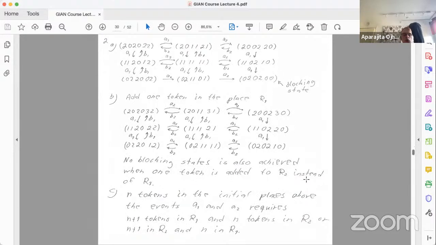Let's see what the solution says. N tokens in the initial places above events A1 requires n plus 1 tokens in R1 and n tokens in R2, or n plus 1 in R2 and n in R1.